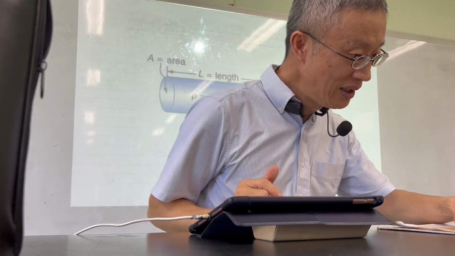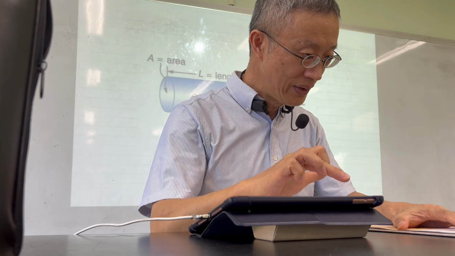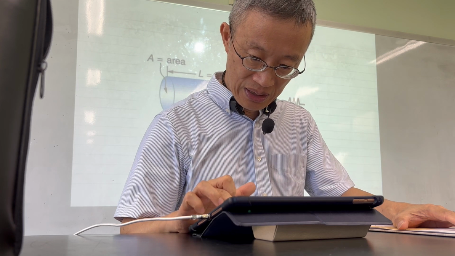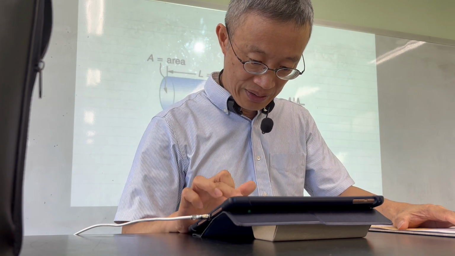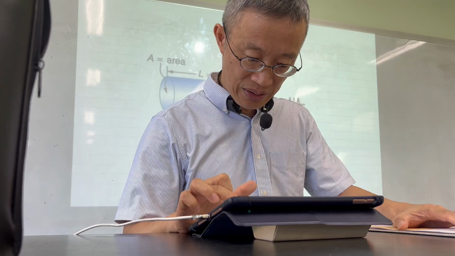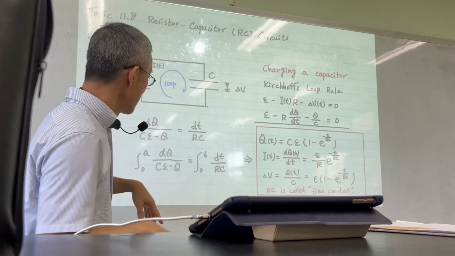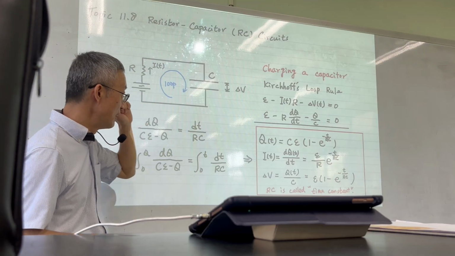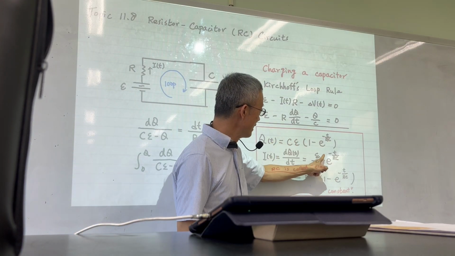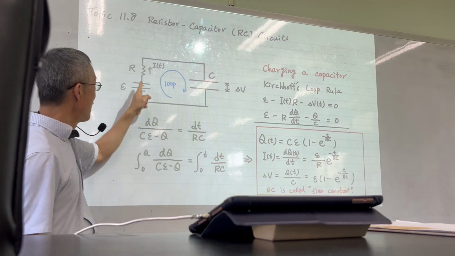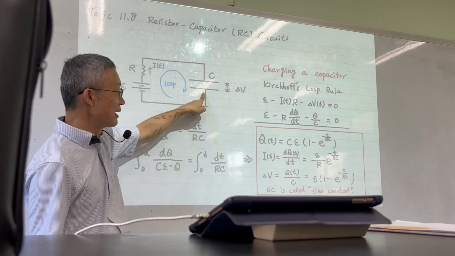Okay, and then let's go to the time constant. When we solve this differential equation, we find that when t equals RC, what's R? R is the resistance, C is the capacitance.